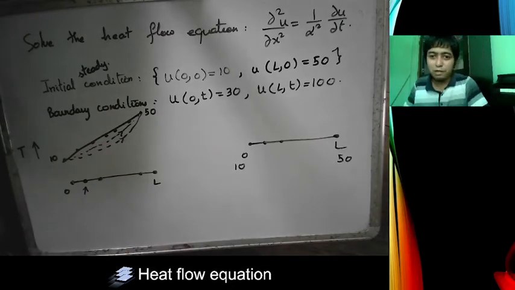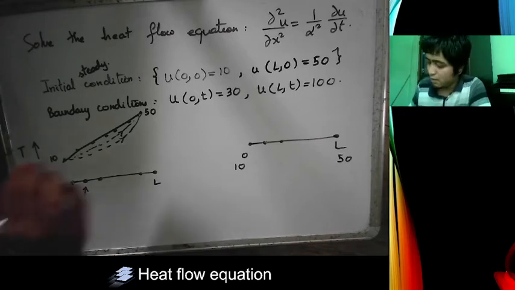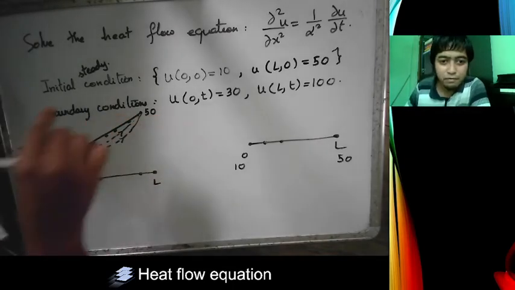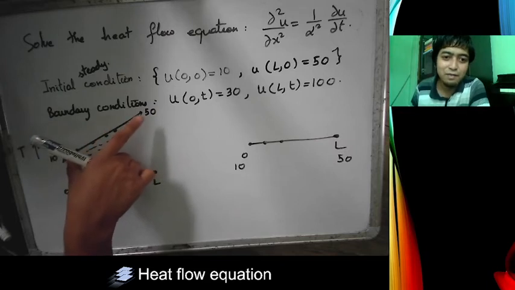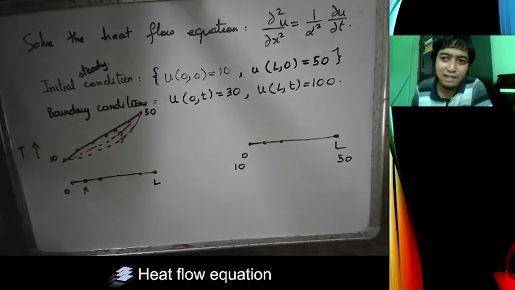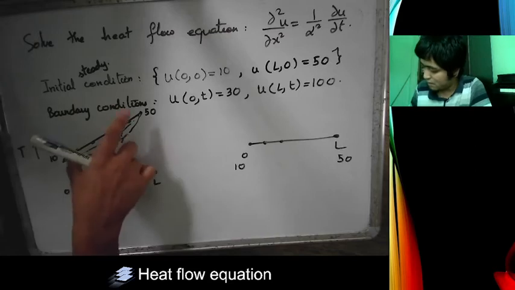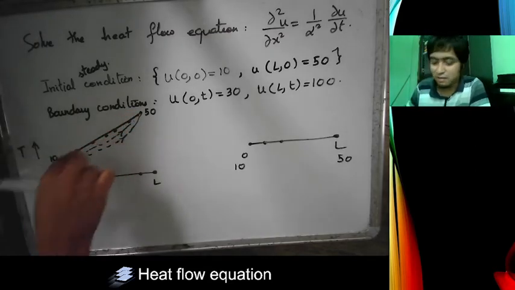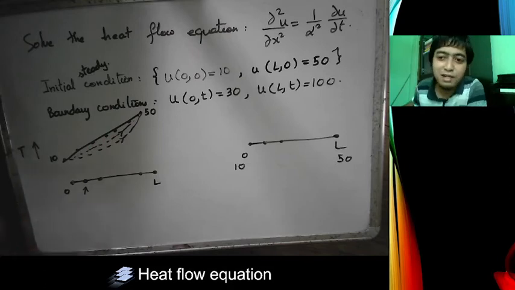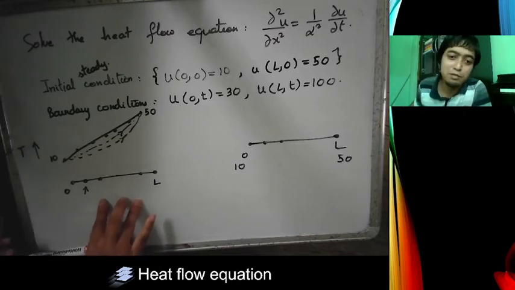Okay, but what we will do, we will prove that in the initial steady state, in fact, in any steady state, the temperature no longer depends on time. Since we have arrived at a steady state, the temperature will only depend on position.